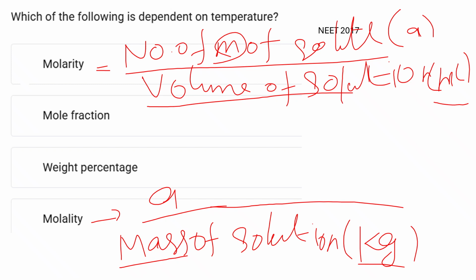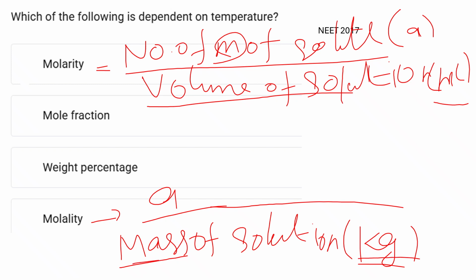In thermodynamics, we can clearly see the unit of volume is always liter. There is no mix-up between liter and kilogram. Volume of a solution is always expressed in liter, and mass of a solution in kilogram.